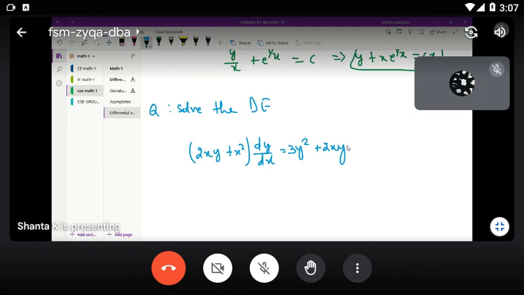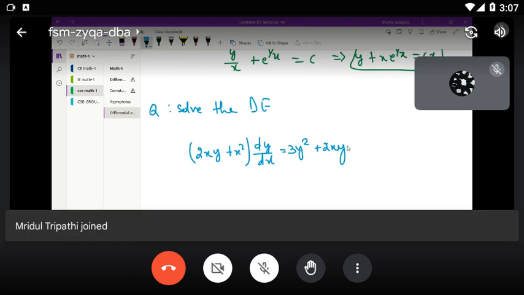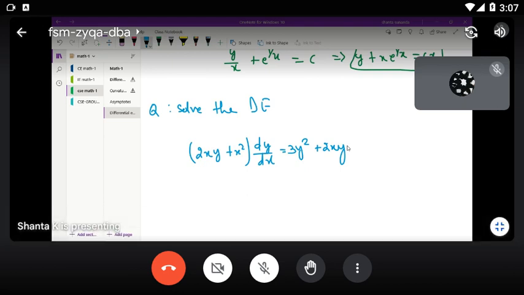This one, you look at this and try to solve this one to check whether it's exact or not. Okay. So whether it's exact or not, and you try the methods for the integrating factors.